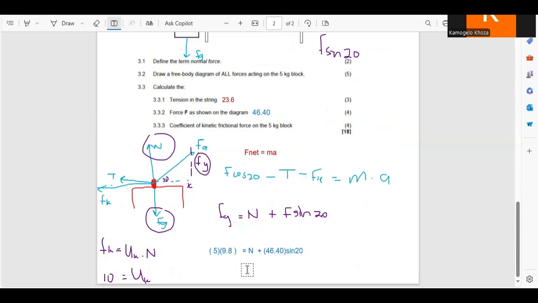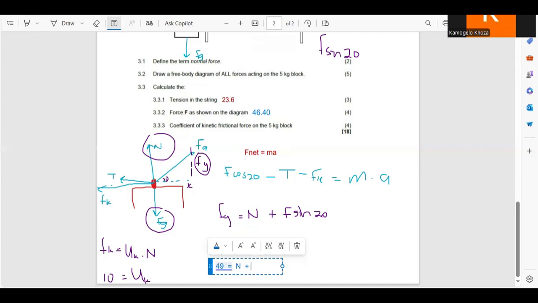Now, if you punch this into your calculator, 5 multiplied by 9.8 is going to be 49, so this side is equal to 49. This is still N plus. Now, if you take 46.40 multiplied by sine 20, you should get 15.87.